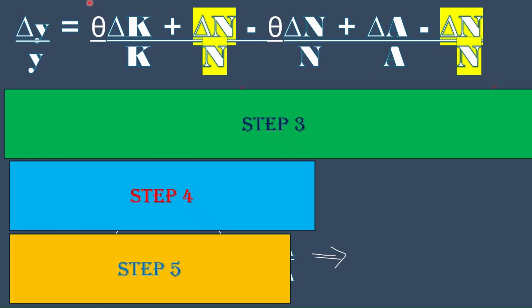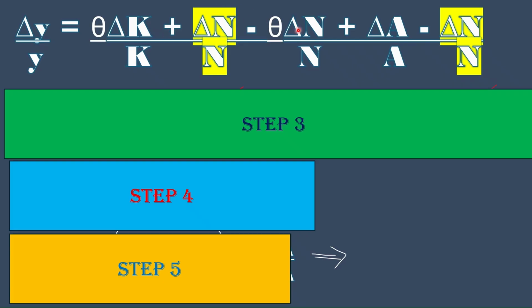If you recall the previous equation, we had the growth accounting equation of the change in capital Y divided by Y, which was equal to, again, theta times capital K divided by K, plus 1 minus theta.